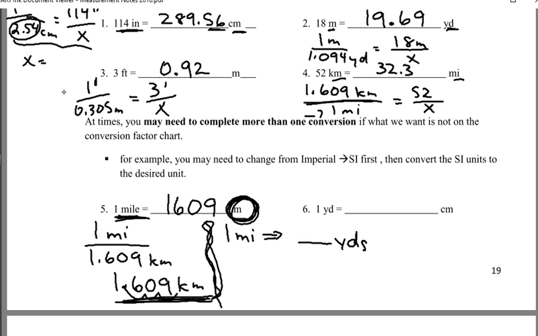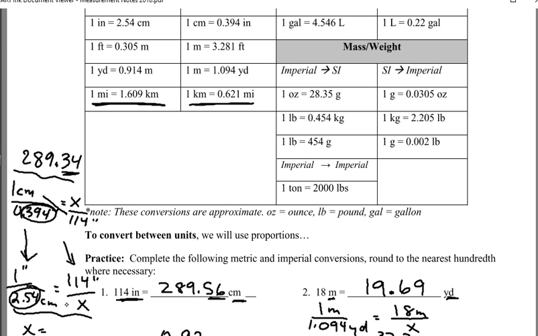Well, you check your charts from before, and we know that 1 mile, to get to yards, is times 1,760. So 1 mile gives us 1,760 yards. But now we want yards to be meters. Yards to meters should be something that we can do.